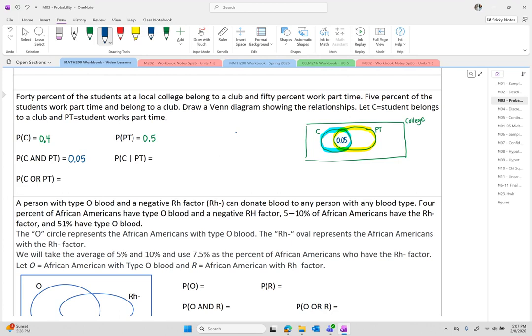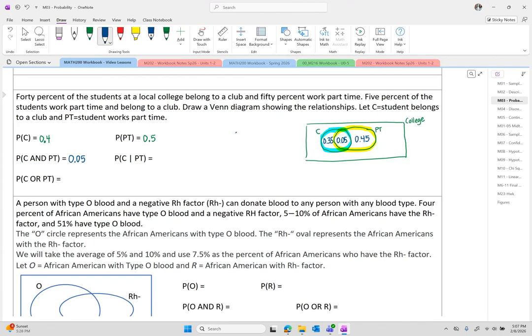A total for club is 40%, and therefore the remaining, after 5%, is also in the part-time category. This will be 35%. And the total for part-time was 50%, but 5% of them are also in a club. Therefore, part-time not in a club will be 0.45 or 45%.